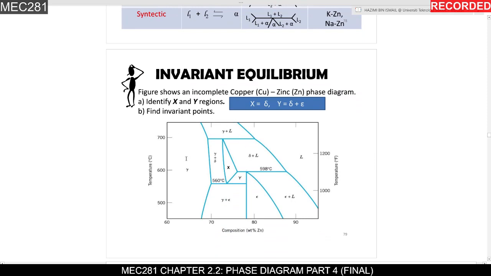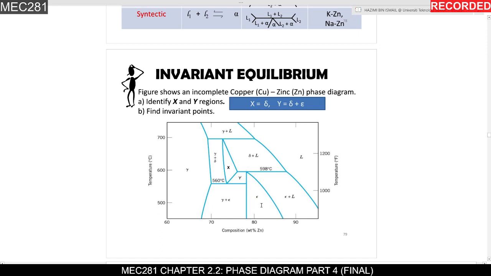It has many regions compared to the phase diagrams that we have learned before. As in this example, the figure shows an incomplete copper and zinc phase diagram. Identify the X and Y regions. This is the X and Y. We have here a liquid solution, and here is the solid solution for gamma, and this is for epsilon.